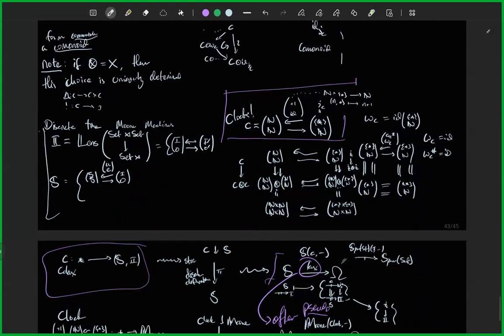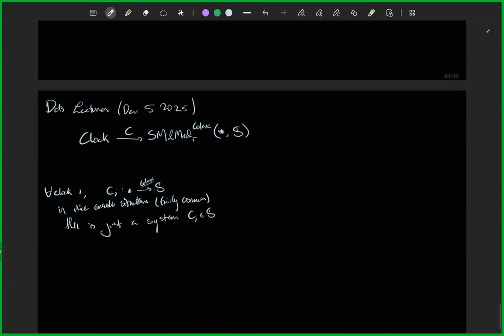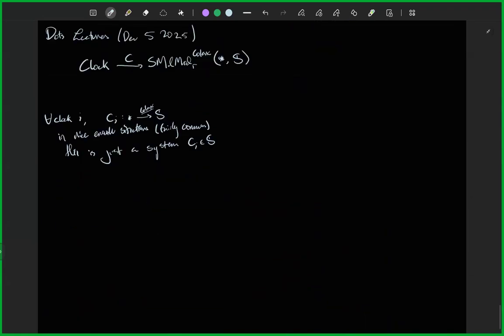But in general, it pays to work at this level of generality, because after we do that, we can take the comma, the slice construction. So what does that do?